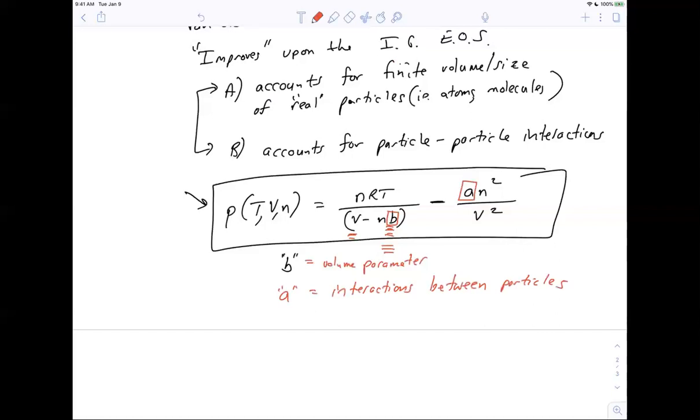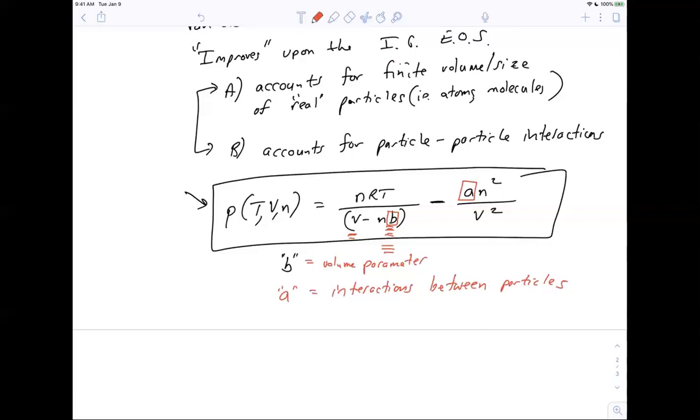And you can see how that comes about because if you have interactions between particles in a container, we know that pressure represents an average force that arises from the collisions of particles on the walls of the container. Classically, we're not looking at quantum wave functions for the moment. That'll be next semester.